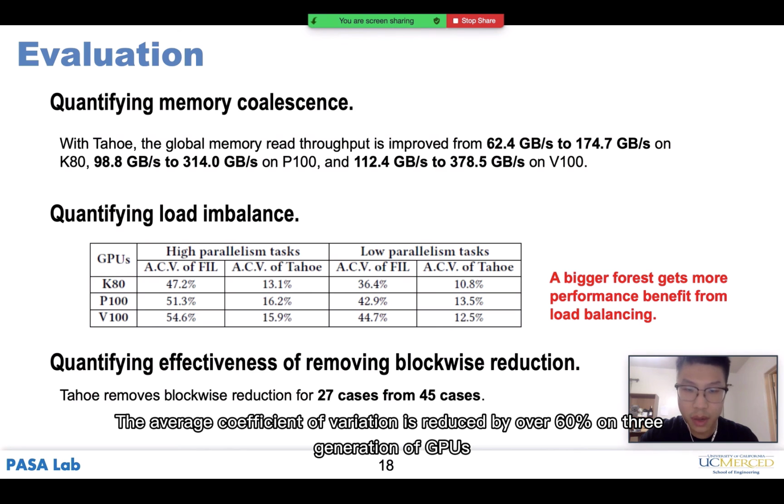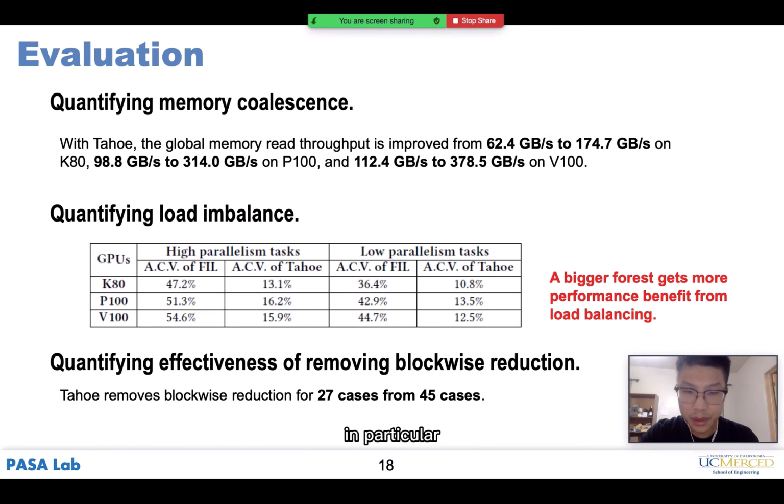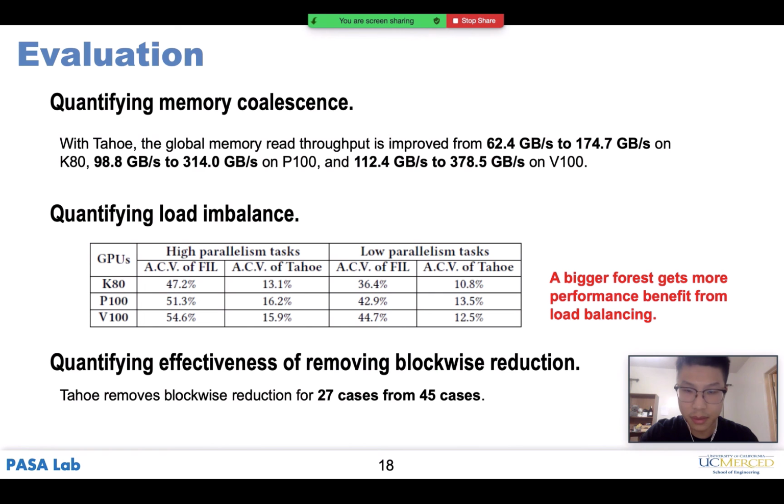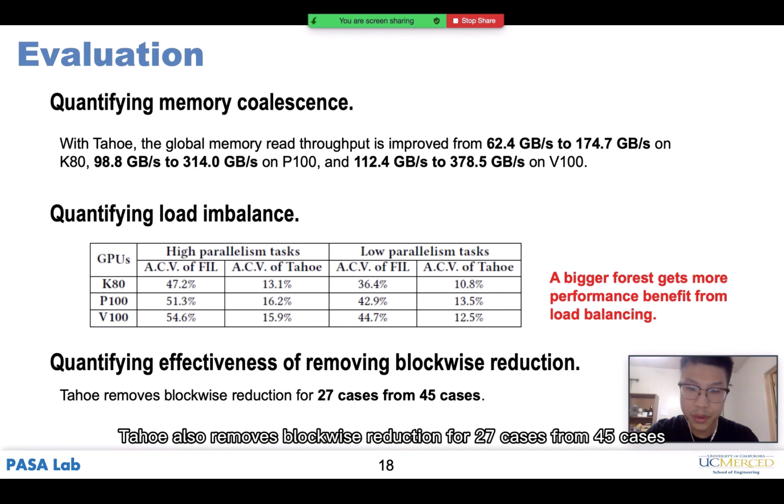The average coefficient of variation is reduced by 16% on 3 generations of GPUs. In particular, the biggest forests gain the largest benefit from load balancing, because there is a large variance in these forests. Tahoe also removed block-wise reduction for 27 cases out of 45 cases.